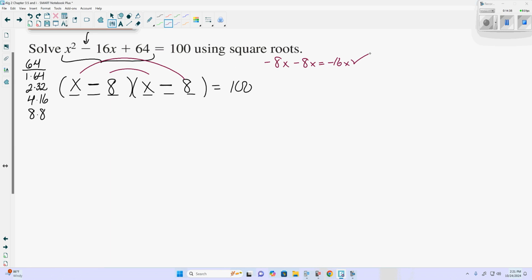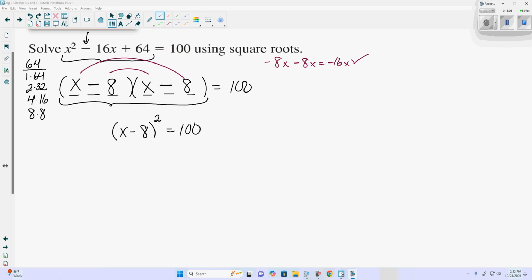But what is special about these 2 factors is that they are the same. We have it being multiplied by itself, which means I could actually rewrite this as x minus 8 squared is equal to 100.